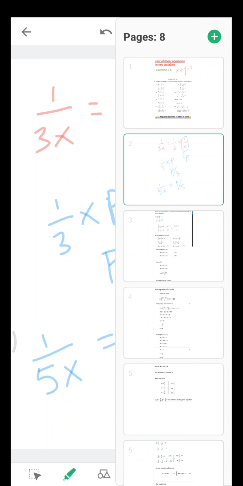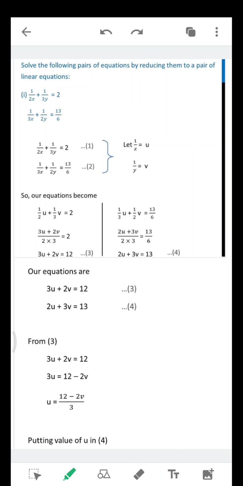Now let's see the first question. In the first question you can see we have to first reduce them into a pair of linear equations. So we will assume, just now I said 1 by 2x can be written as 1 by 2 into 1 by x. So I'll assume this 1 by x as u, and 1 by y I'll assume as v.